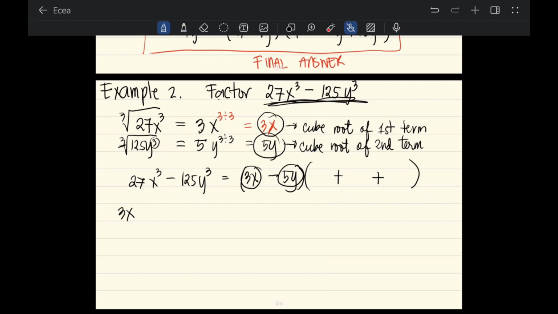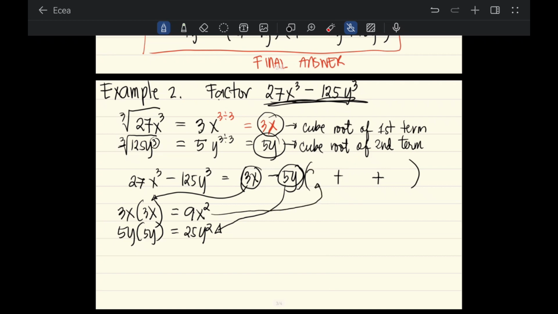So 3x times 3x for the first term, that is 9x squared, and 5y times 5y, that is 25y squared, and this is for the last term. So we write 9x squared here, and we write 25y squared here.